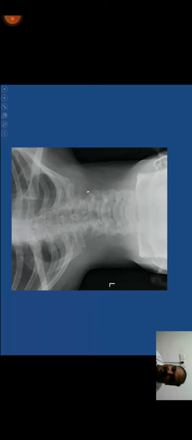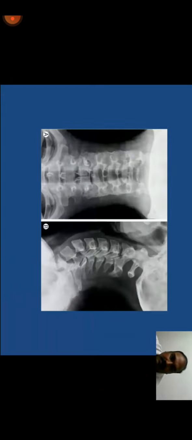It's a bifid spine. Not a bifid spine, spina bifida. Here also you can see that. Occasionally this can be seen. Right. This patient has a cervical rib also. This can be also seen.